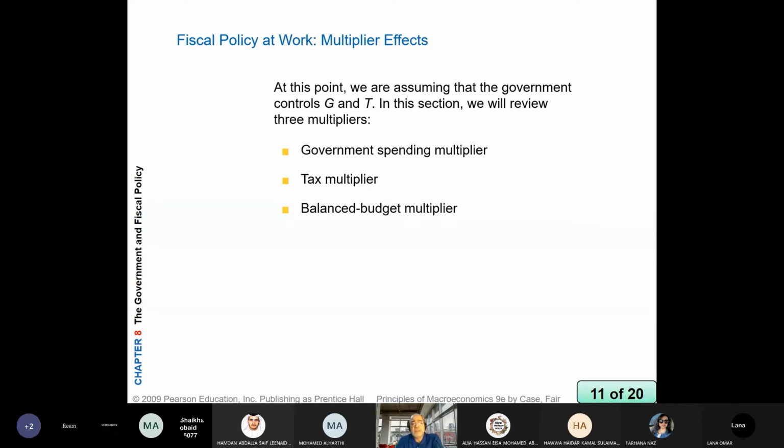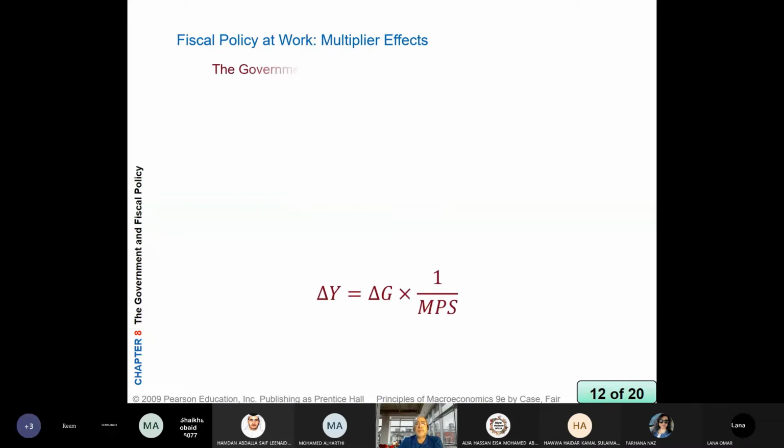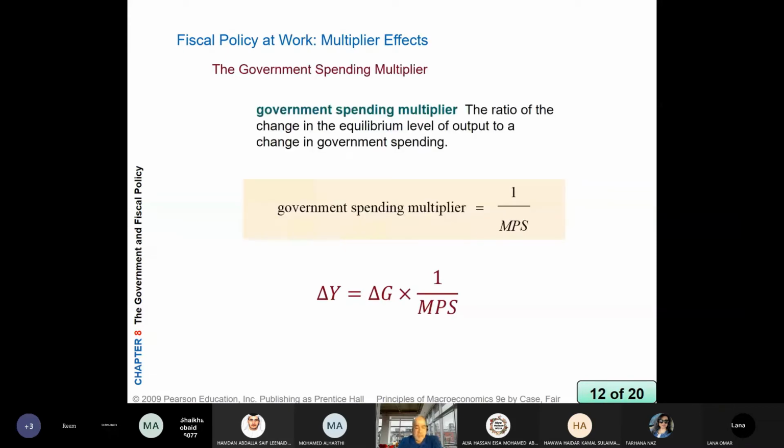In the last meeting, I showed you that if there is a change in government spending or taxes, it will affect the equilibrium level of output. And then we will calculate three kinds of multiplier. Let's start with the government spending multiplier.